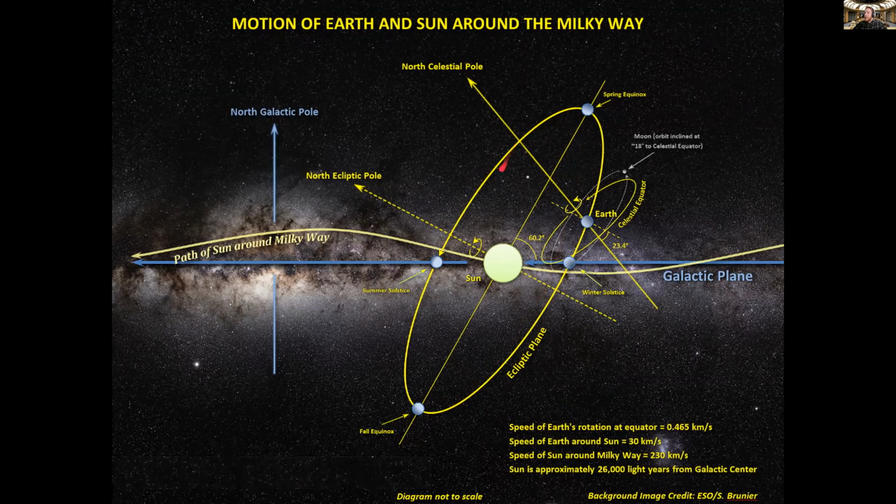So at different times of the year, if you're looking over here towards the summer solstice, we're on this side of the sun, we're closer towards the center of the Milky Way. So that means when you're on the night side of the planet, you're going to be looking towards the center of the Milky Way. Compared to the winter solstice over on this side, when you're on the night side of the planet, you're going to be looking out from the disk of the Milky Way.